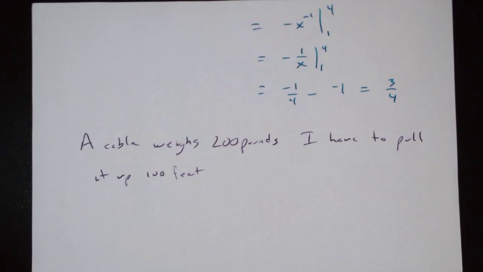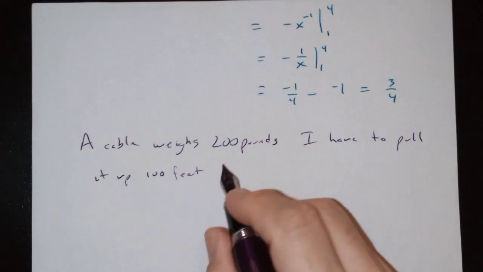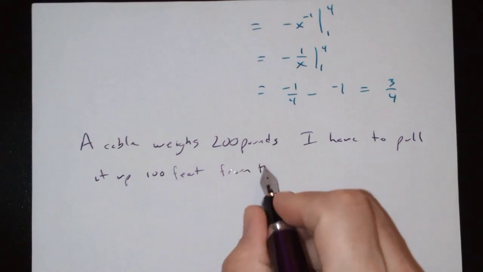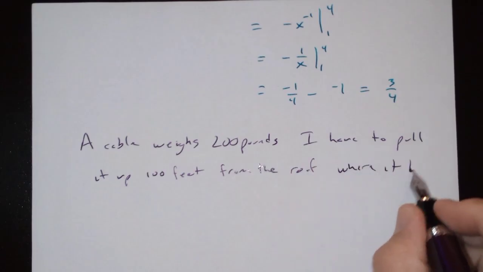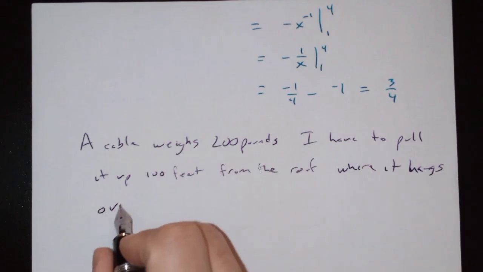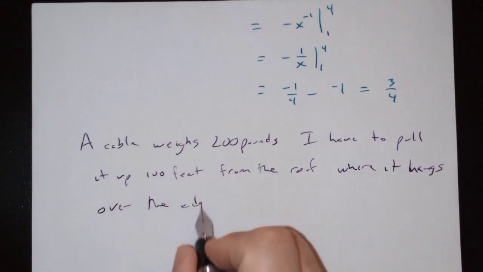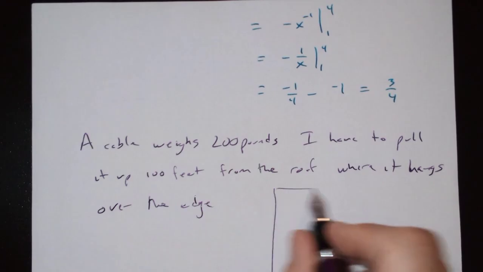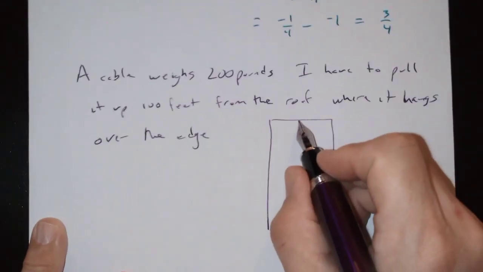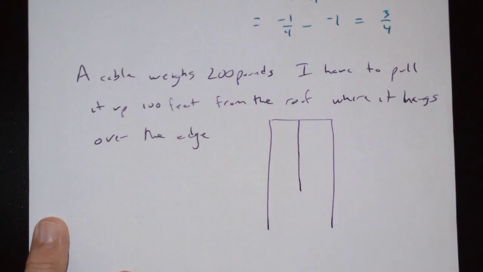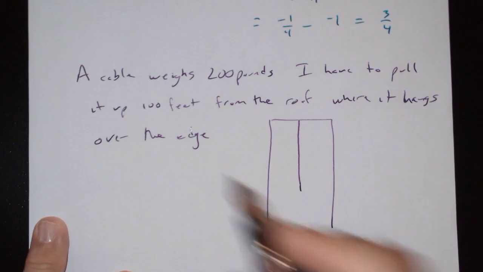Now, let's change this slightly. I have to pull it up 100 feet from the roof where it hangs over the edge. I'm at the top of a tall building, and my cable is hanging. My building is higher than 100 feet.